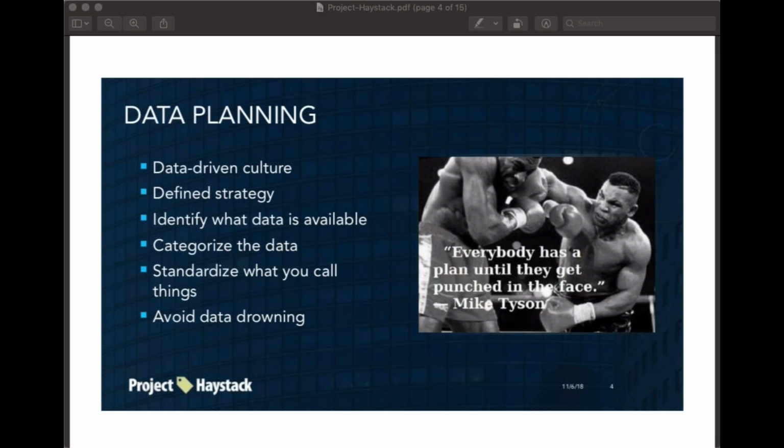How are we managing it, backing it up, bringing it together? Do we even know where it is? Do we even know we can get all of that data? Once we're there, the next thing is, how are we going to categorize it? You could use the word normalize it. It all leads to defining it with metadata, which of course again leads to Project Haystack as a standardized approach for doing that.